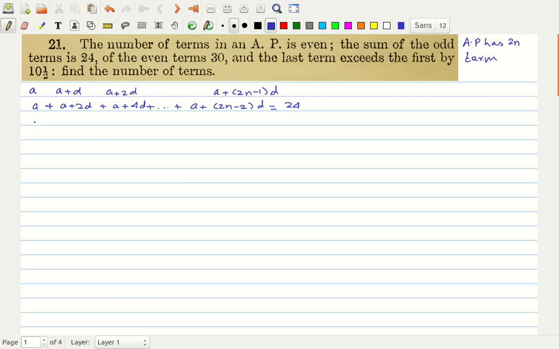And we are also given that the sum of the even terms is 30. So the second term is A plus D. After that we will have the fourth term, which will be A plus 3D, then the sixth term, A plus 5D, and all the way up to A plus (2n minus 1)D.